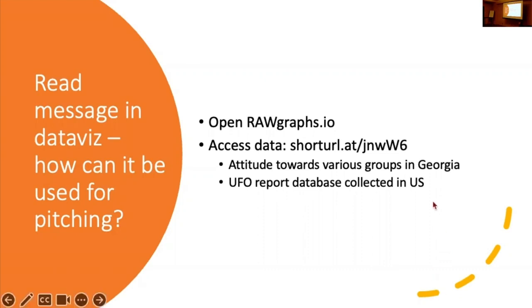Actually, I have included 2 more data sets than are represented here. One data set is taken from international research that was done in Georgia. It measured the attitudes of people towards different groups in our society. It's embedded in some kind of theory. We do not have to talk about it. The other one is just for fun. It's a UFO database, a huge database that dates back to the 1950s. The US government recorded reports of UFO sightings.